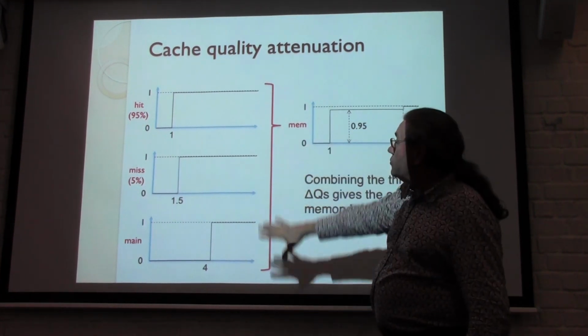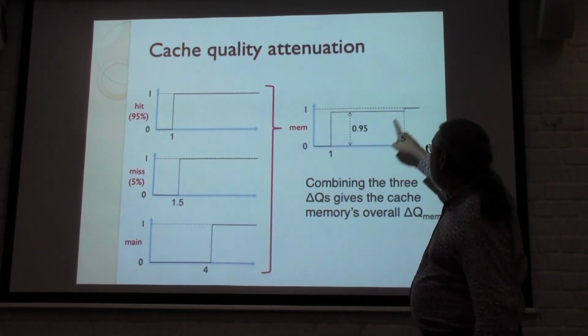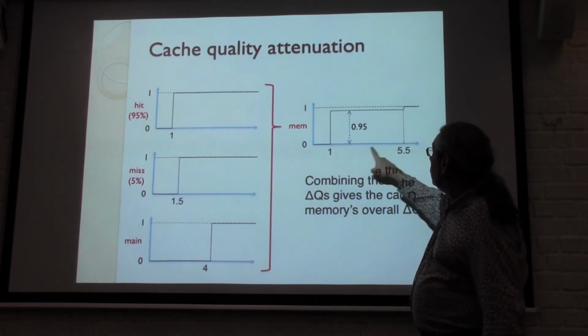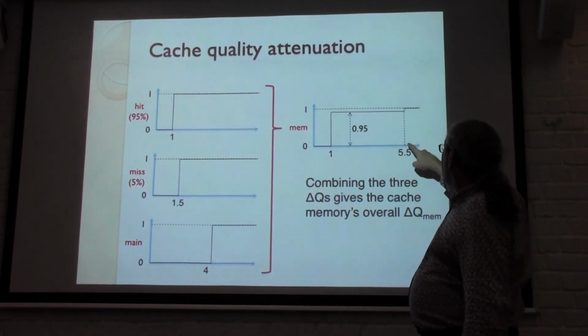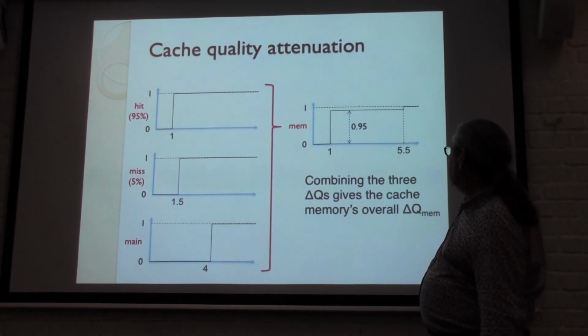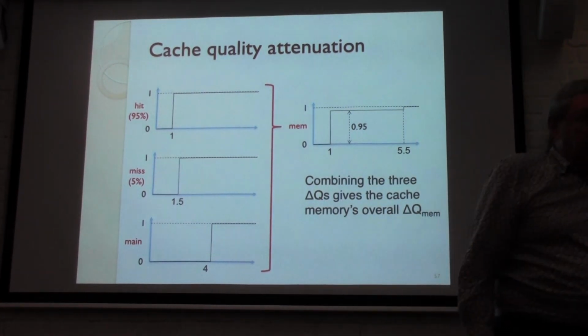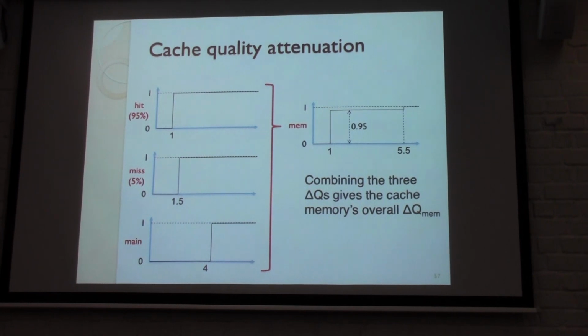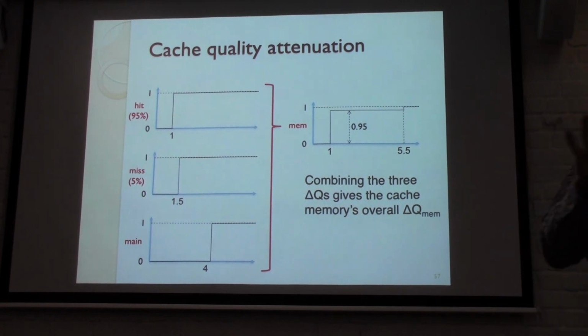If you combine those three using the formula I just gave, it gives you this delta Q. That means 95% of the time you will have basically a 1, and the remaining 5% of the time you will have 5.5. Combining the three delta Qs gives the cache memory's overall delta Q. See, this is nice. You can compute the behavior of systems, assuming that you have lots of independent queries.